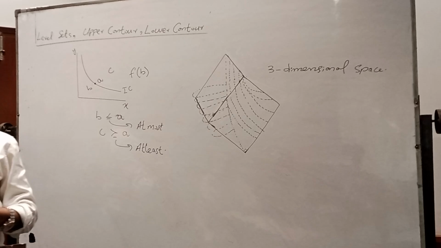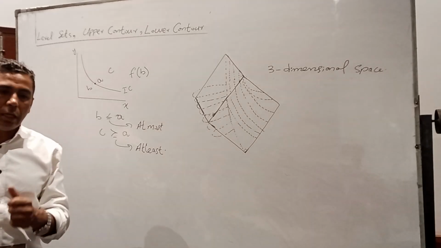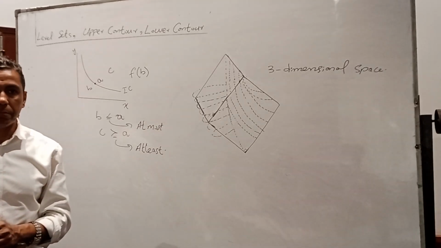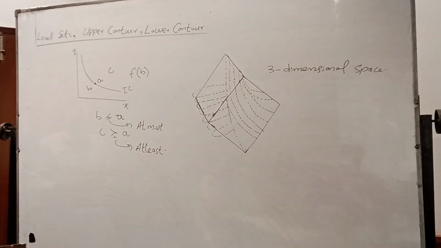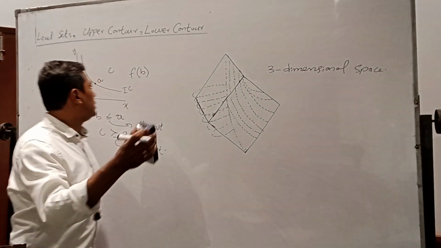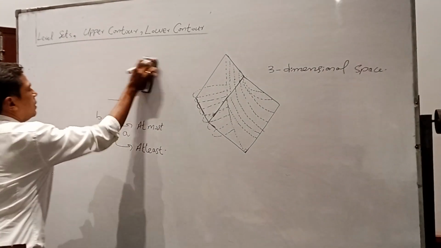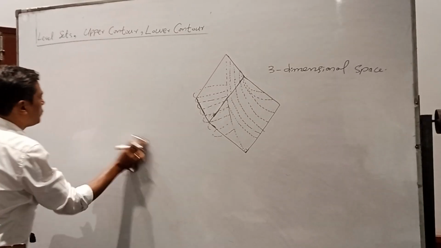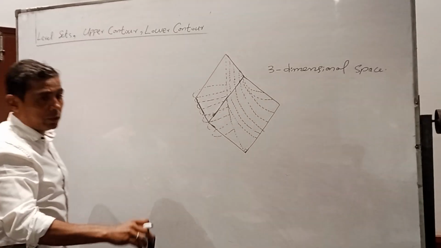Clear? What are the kinds of level sets? There is some technical definition of level set. Then we will decide which one is the level set or which one is not.